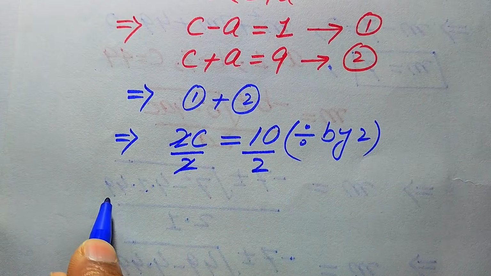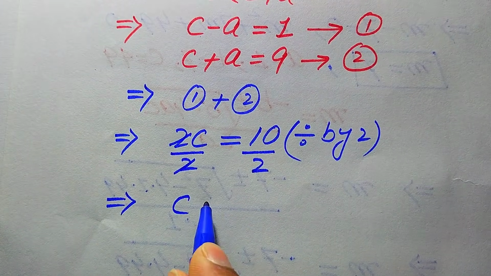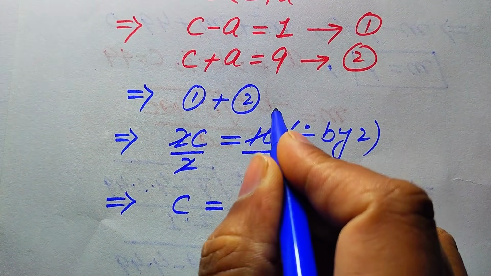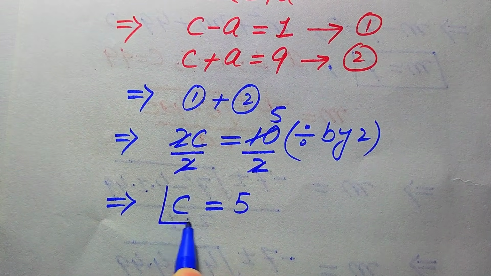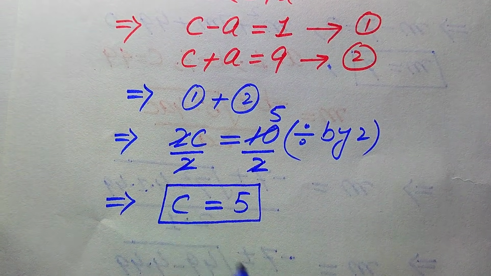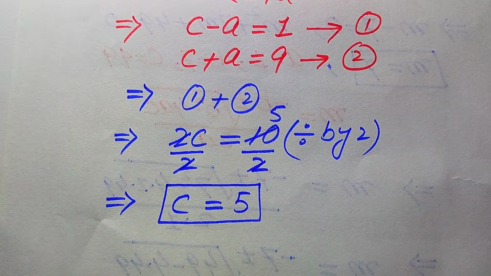The 2s cancel and we get c equals 5. So we get the first value, c equals 5.